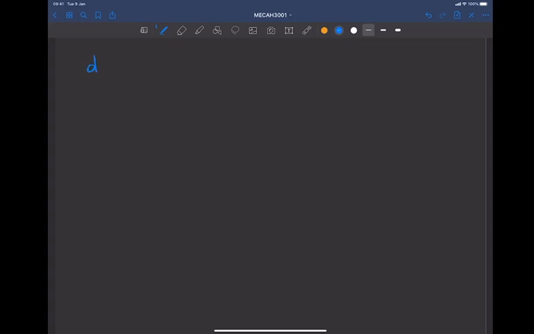So we have dB system over dt equal to dB control volume over dt, minus b1 rho 1 A1 v1 plus b2 rho 2 A2 v2.